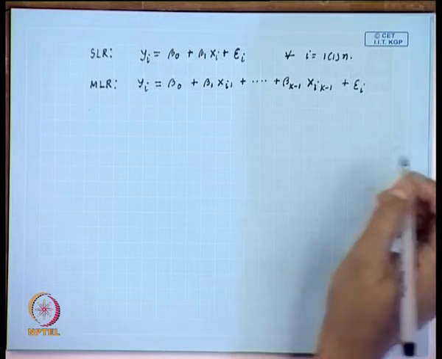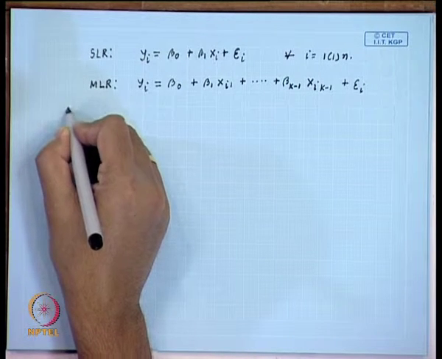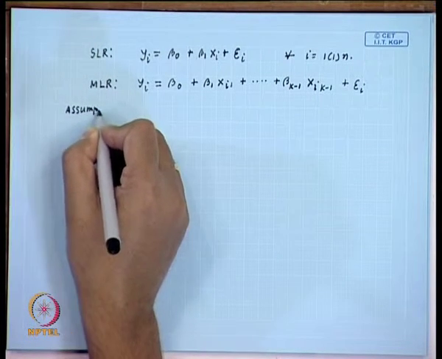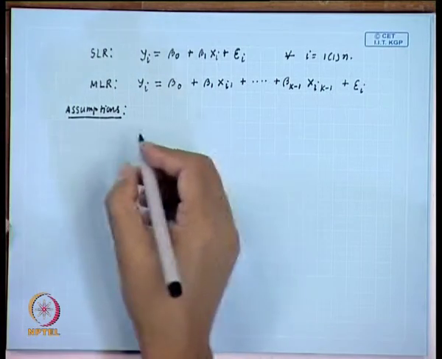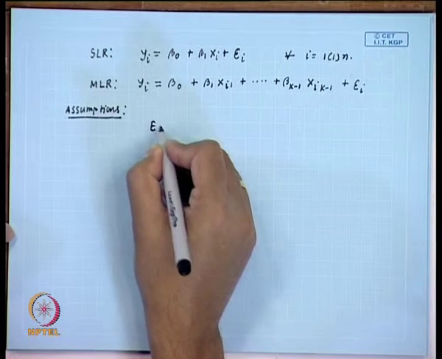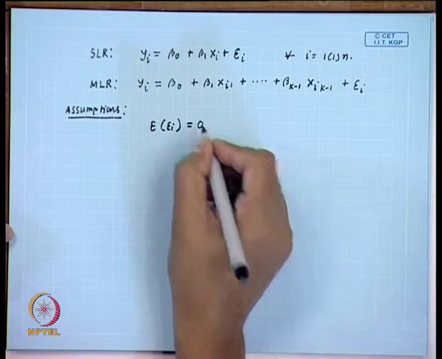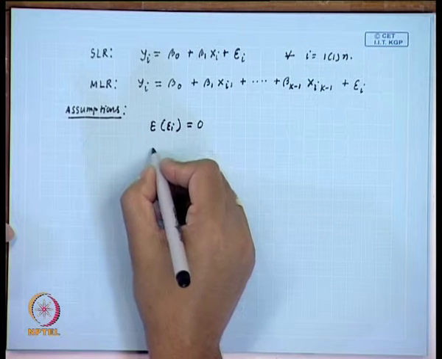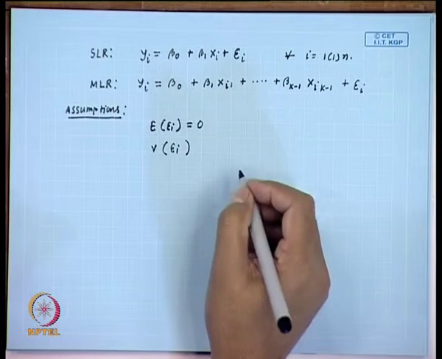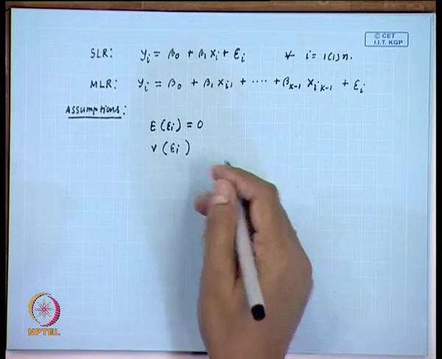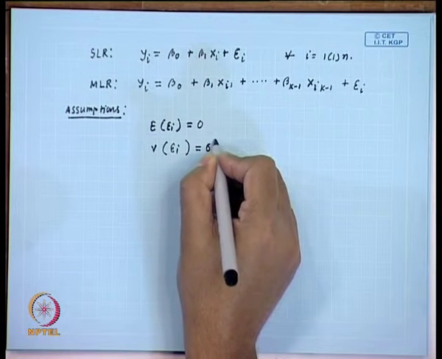So, the basic assumptions here are expectation of epsilon i is equal to 0, variance of epsilon i, that is the error terms epsilon has constant variance. The variance of epsilon i is equal to sigma square.